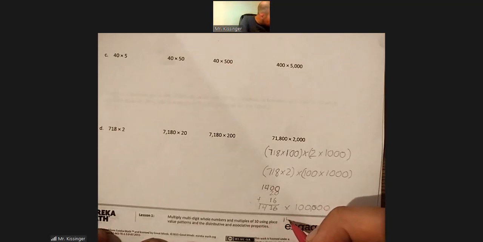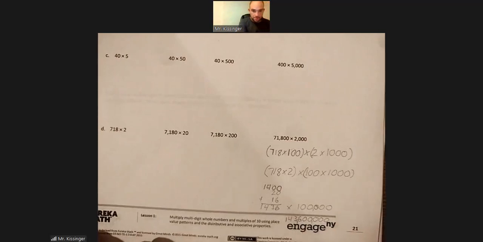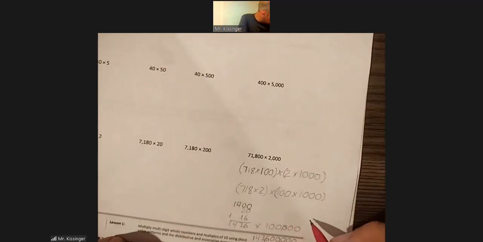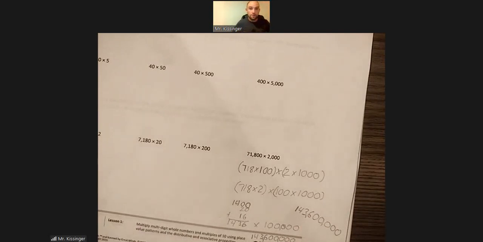And that number there, I'll write it a little bit bigger so we can see a little better. We have 143,600,000.